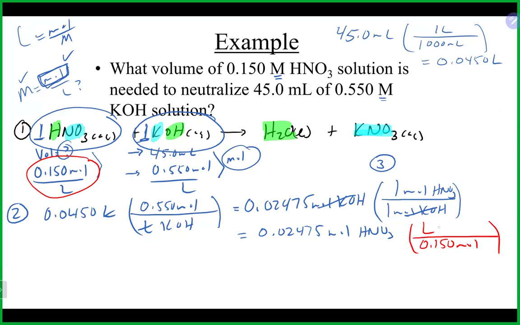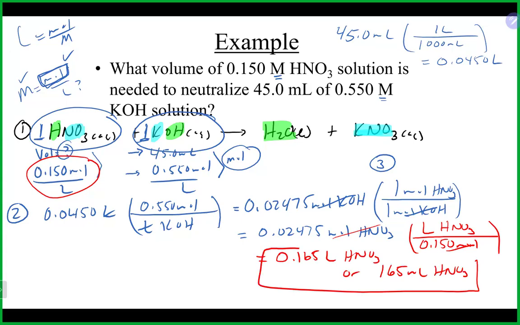And again, you don't have to worry about that if you just do dimensional analysis, because you'll know you should be dividing what's on the bottom, and those guys will cancel out. And we will end up with 0.165 liters of nitric acid, or if you want it in milliliters, 165 milliliters of nitric acid.